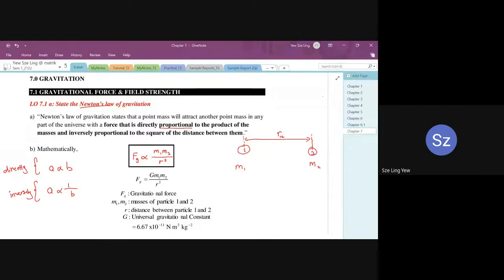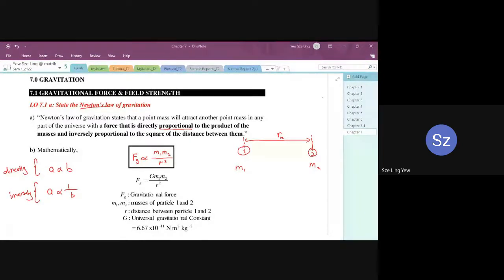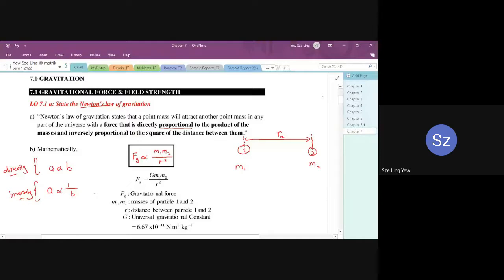I would call these two magic terms. In explanation questions, we often use these two terms, directly proportional or inversely proportional, to explain the relationship between two different variables.